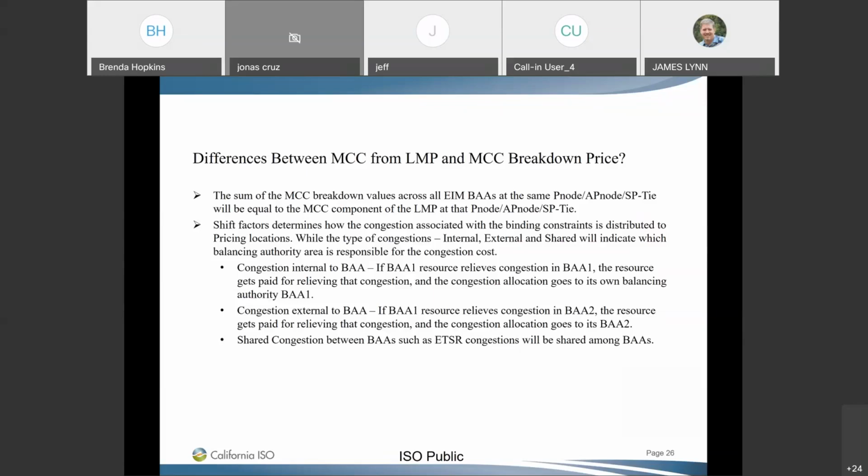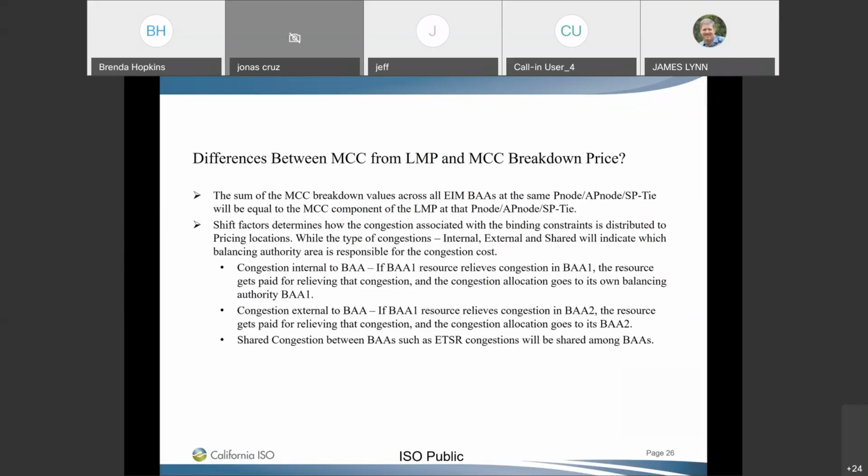So a lot of it is going to be dependent on a couple things. Let's say you have a load pocket, and that load pocket can only be resolved by internal generation. That would be internal congestion.